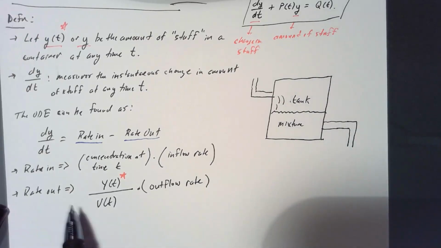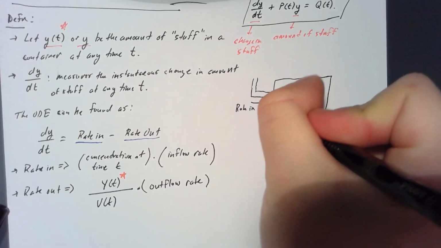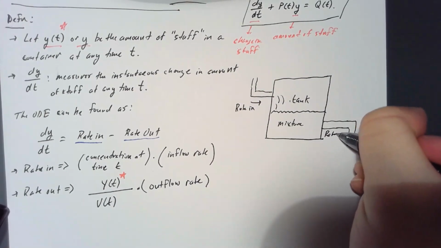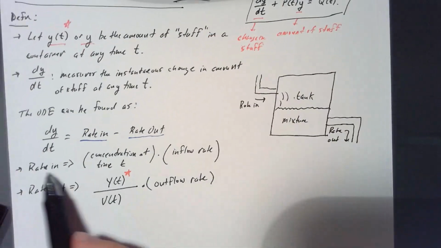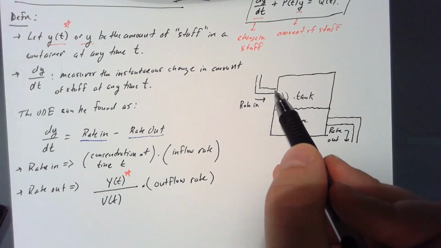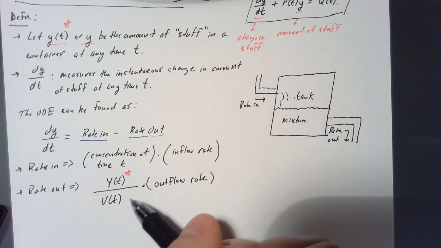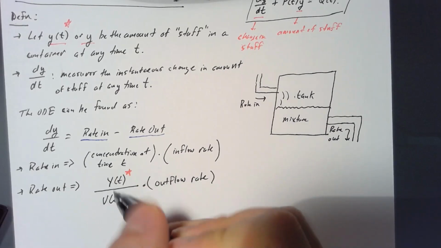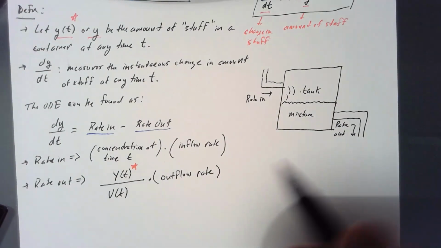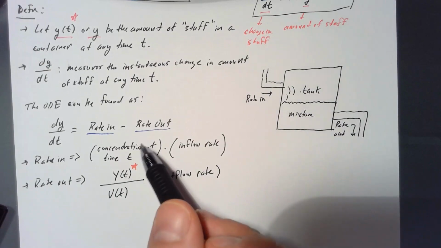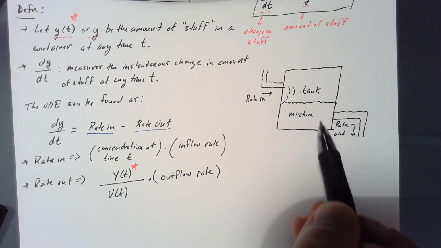So the rate in is stuff coming in the tank, and the rate out is the stuff leaving the tank. The rate in is just the concentration of the stuff times the inflow rate. That comes in, and then the rate out is the outflow rate times this. All this right here is a concentration at time t, but the rate out is different than the rate in, because when this stuff is coming out, it could have a different concentration.